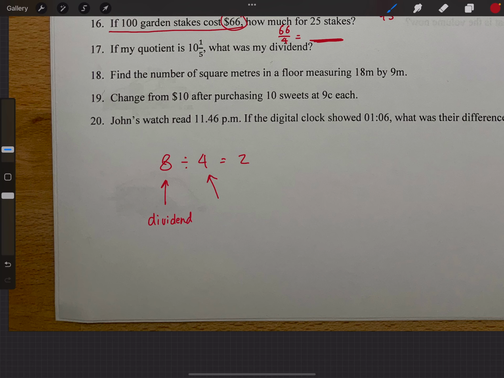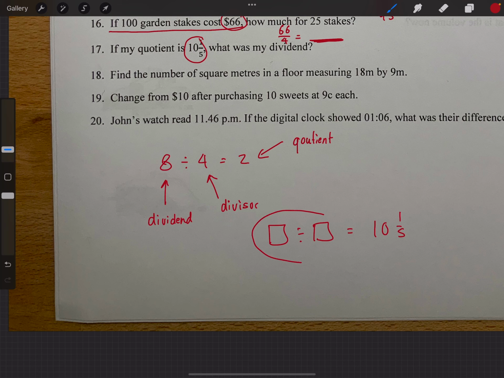The number you divide by is called your divisor. And the result is called your quotient. So the question is, if my result is 10 and 1 over 5, something divided by something will give me that result.